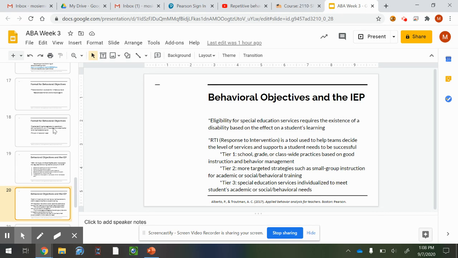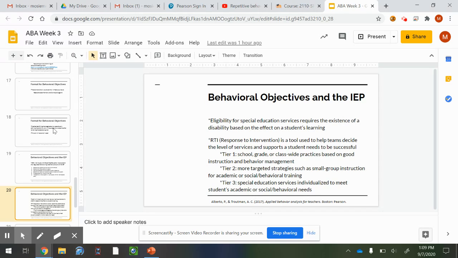A way that we start to look at whether or not students are going to qualify for special education services is through the RTI model, or that response to intervention. RTI is a tool that is used to help teams decide the level of services and support a student needs to be successful. So tier 1 support would be what everybody is doing in the school, the grade, any classroom practices that are best practices that account for good instruction and just your general classroom management.